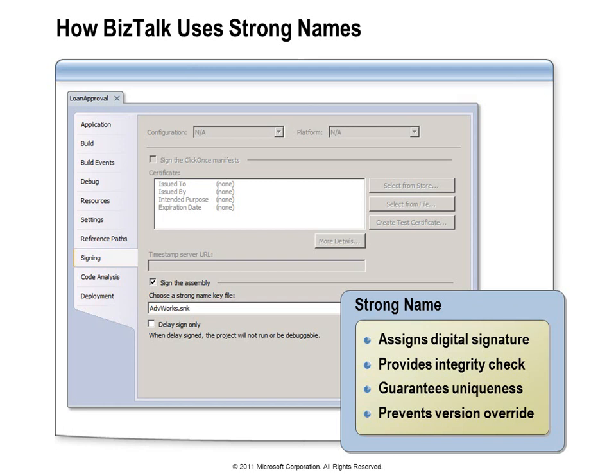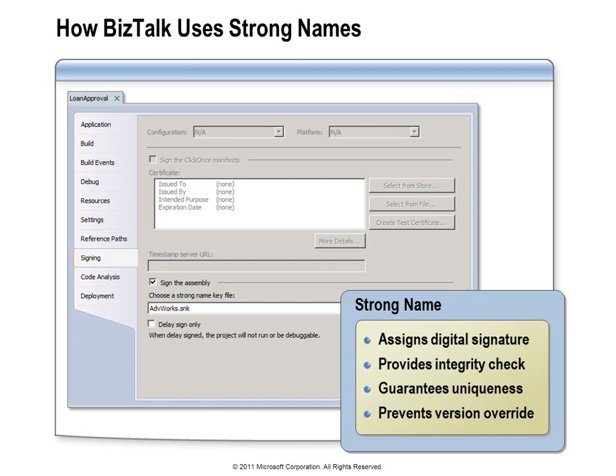And in order to be digitally signed, the assembly's project needs to be configured with an encryption key. So what you need to do to make that happen is visit the BizTalk Projects properties and go to the Signing tab, and then check the box labeled Sign the Assembly, and then you can choose a file that contains the encryption key that you want to use.